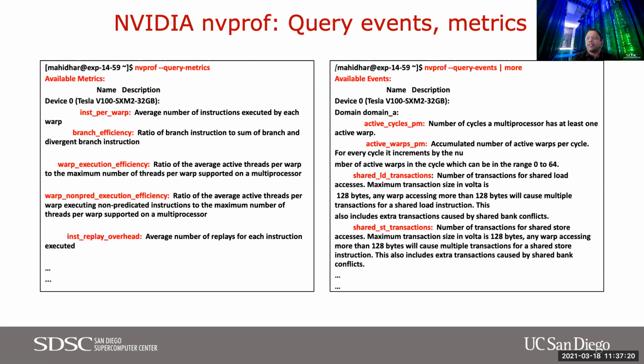And you can see the kinds of things you can look at: instructions per warp, branch efficiency, warp execution efficiency, and so on. So there's a lot of different things you can do. I see a question about a Git or a link for NVProf. I will get these uploaded once the talk is done.